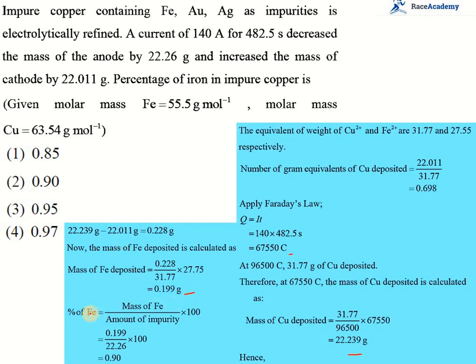The mass of copper deposited is this one, and from that, subtracting it gives 0.228 grams. Mass of iron calculated is 0.199 grams. From that, the percentage calculated for iron is 0.90 we got. So 0.90 means the second option is the right option for this one.